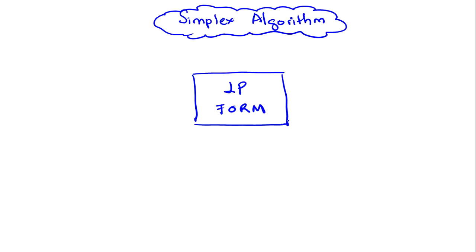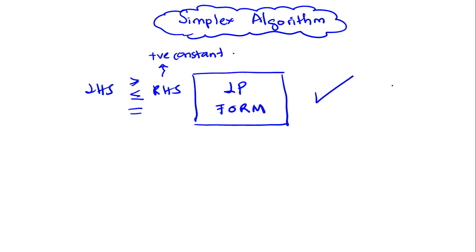For LP form, the left hand side is either greater than or equal to the right hand side, or less than or equal to the right hand side, or equal to the right hand side. And the right hand side must be a positive constant value. Okay, we have learned this in chapter 2, right?